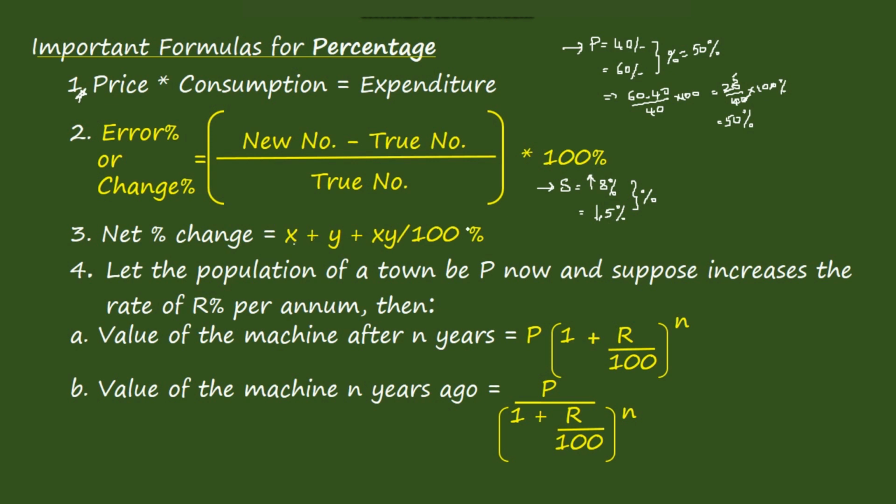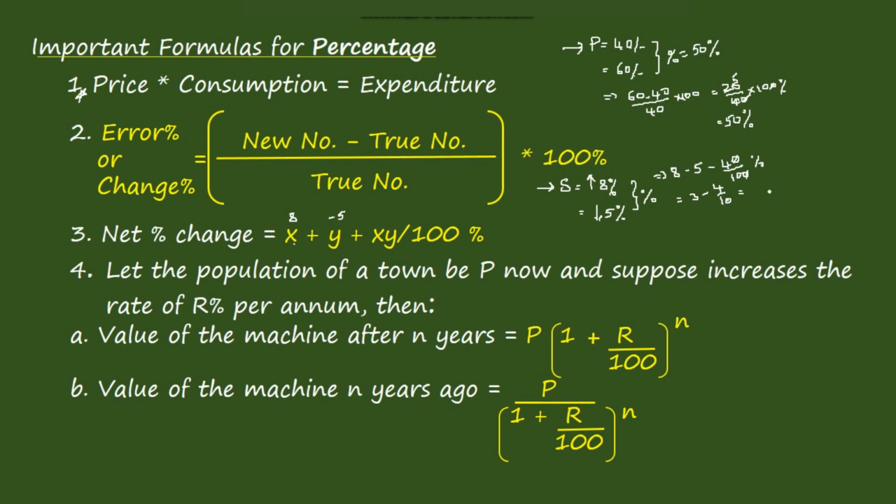Here, x is 8, y is, since it has been decreased, minus 5. Just substitute the values, we get 8 minus 5 minus 8 into 5 by 100 percentage, right? The zeros get cancelled, which is equal to 3 minus 4 by 10.